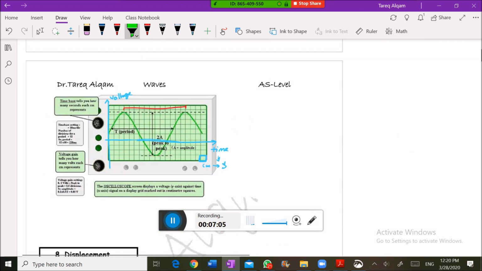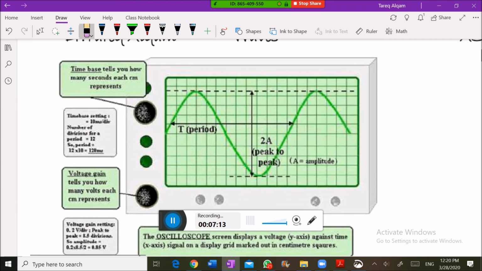This oscilloscope has a screen. On the screen, we will observe a waveform like this. But guys, I can't control this waveform except by something called the time base.